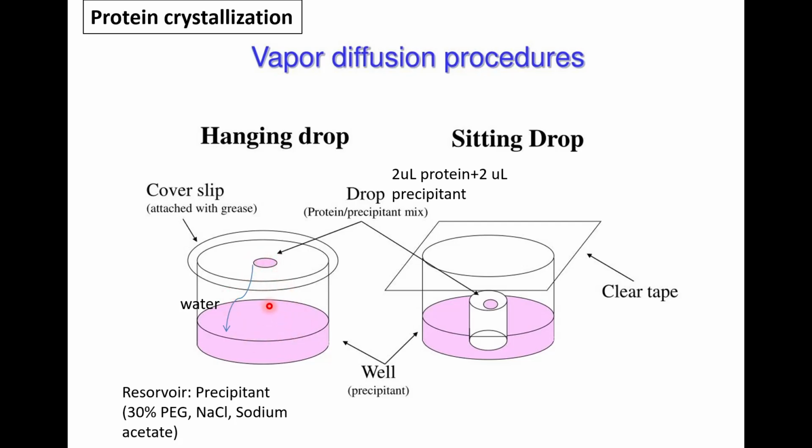So what will happen is that water will move from its higher concentration region to the lower concentration, and the precipitant will try to move to your protein. For forming a crystal, you need to use a certain precipitant, and that precipitant normally is 30% PEG, NaCl, sodium acetate.